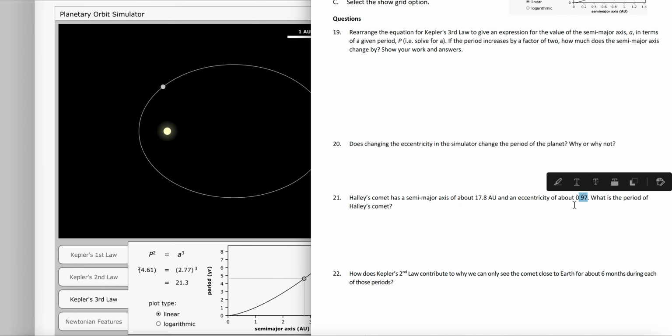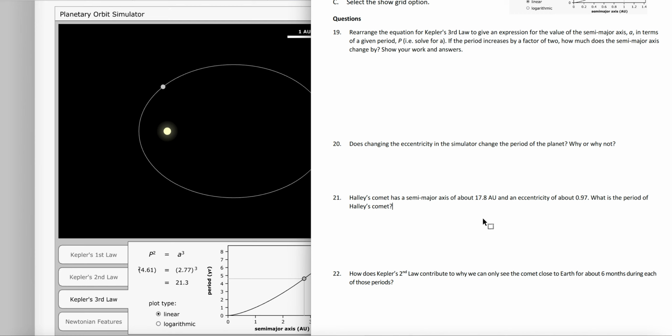Highly elliptical, it's a comet, by the way. It comes around every hundreds or thousands of years, or sometimes hundreds of thousands of years. It's Halley's comet. I'm not sure about its exact period; I have to look it up. But it has a semi-major axis of 17.8 AU, so quite long. It goes way out deep into the solar system. The point is that you can plug these in and get the period. You can calculate the period just based off the semi-major axis.